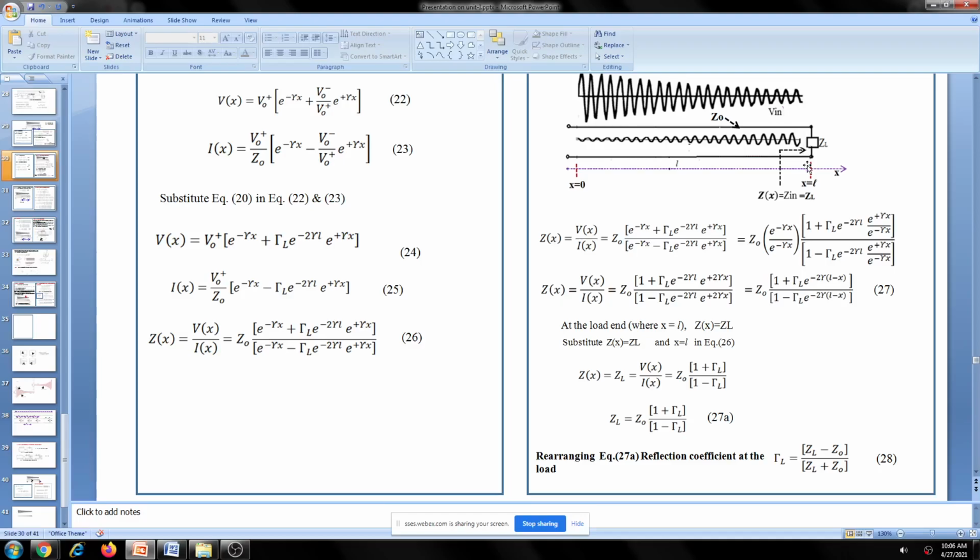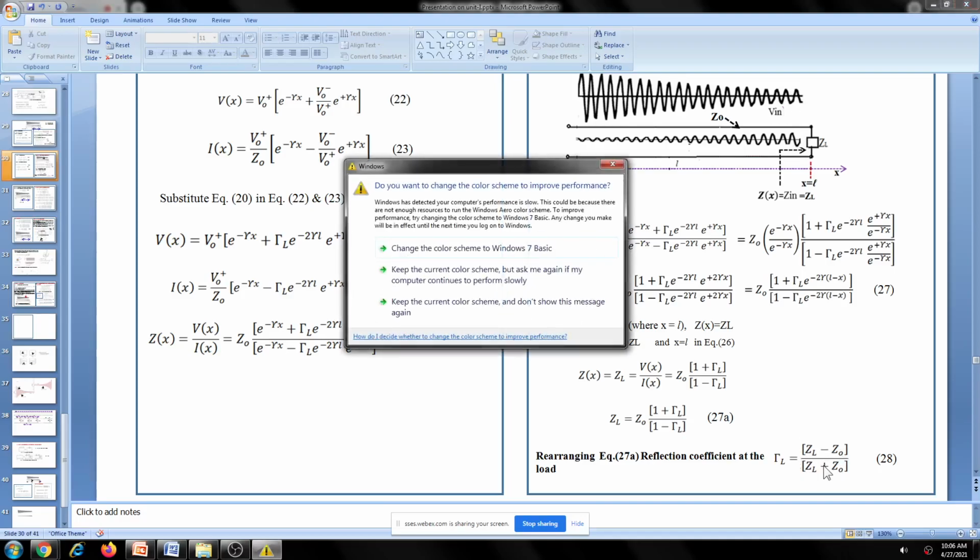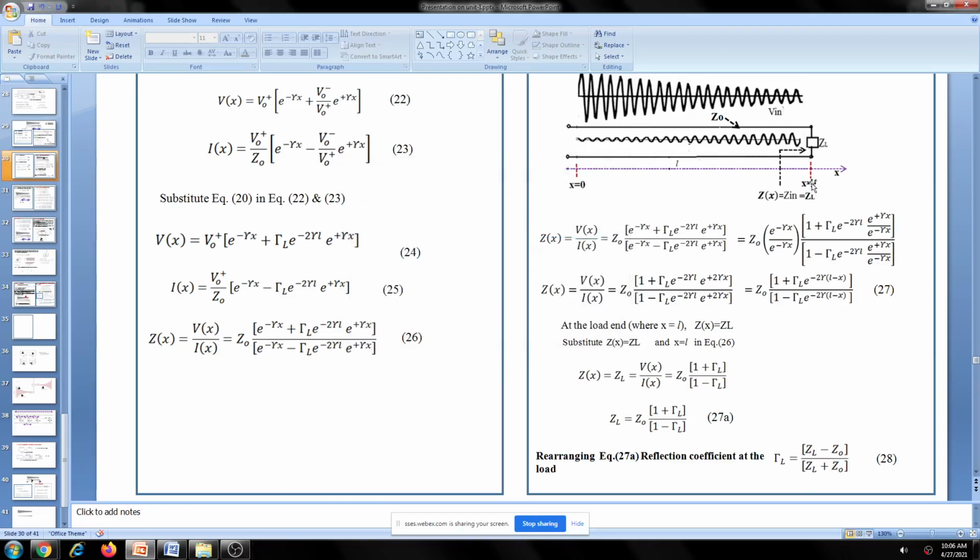But it doesn't remain the same as you move. If you move, it is no longer equal to this. That means how much the reflected wave deviates from the incident wave. The incident wave is incident on the load, and a part of the wave reflects. The amplitude and phase of this reflected wave at the load position with respect to the incident wave we can get from this equation, gamma L, only at this position.